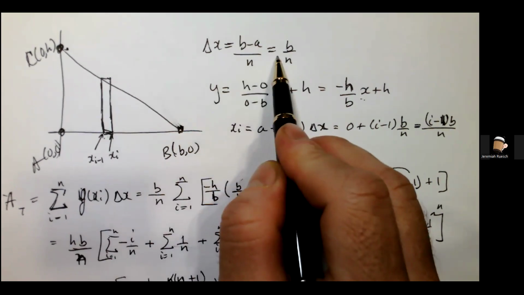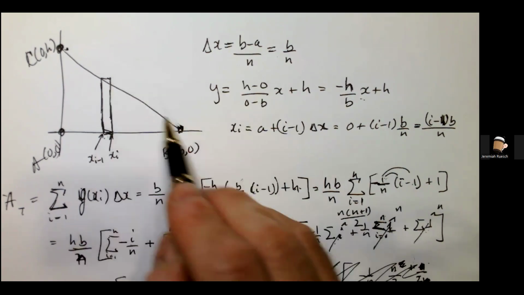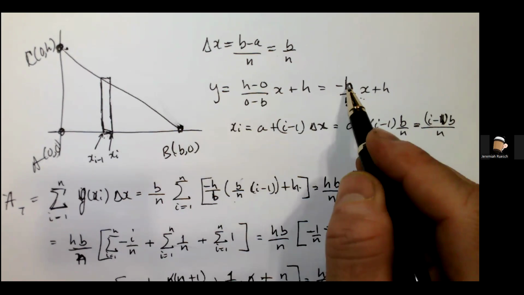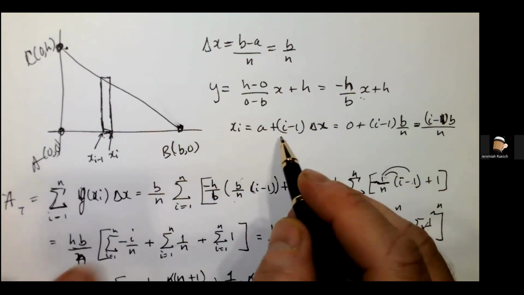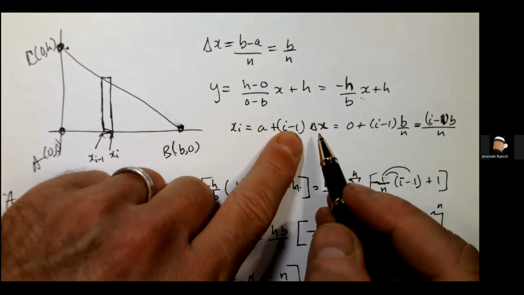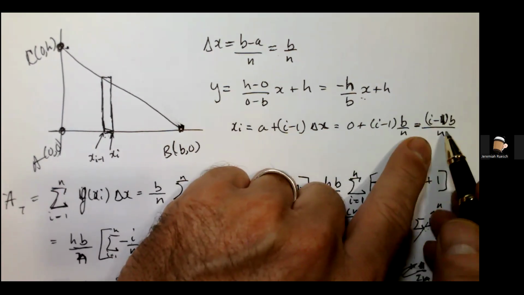I know that each base is going to be the same, so I have b minus a over n. The height of each of those rectangles is going to be along this line, so that line is going to be negative h over b times x plus h. And my xi with the left endpoint is going to be a plus i minus 1 times delta x, simplifying to i minus 1 times b over n.